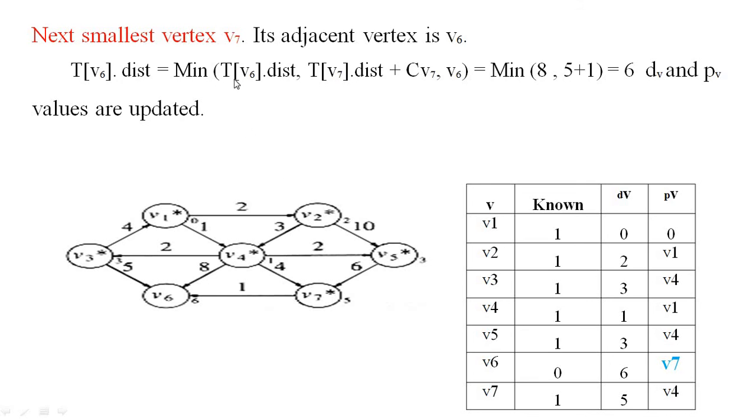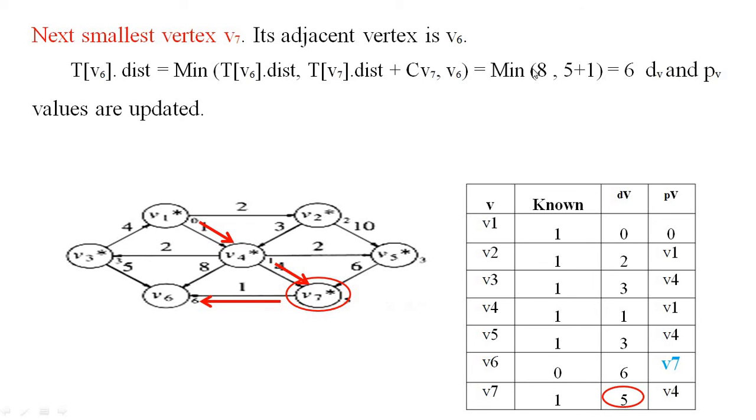The next smallest vertex is v7. Now v7 is the known vertex. This known vertex is connected only with v6. The previous smallest value is 1 plus 4, that is 5. Then v6 has a link with v7, and the current weight is 1.